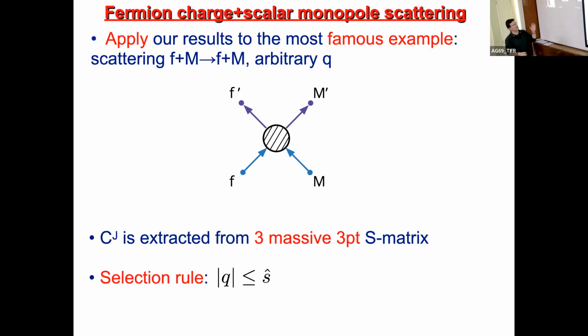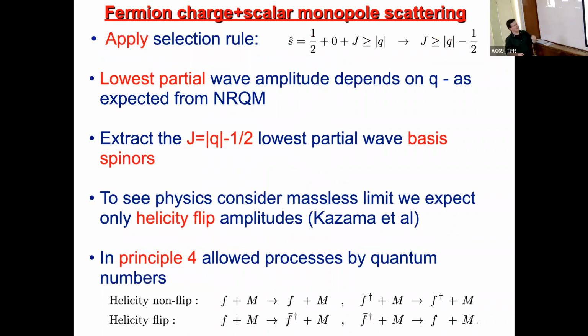We applied this to the scattering of an electric charge on a magnetic monopole, and we went through all the possible allowed states. We found exactly like predicted by Wu and Yang that for the lowest partial wave mode, there's only one amplitude, and again, they are basically just consequences of that one very simple, stupid selection rule that I showed you for the 3-point function.